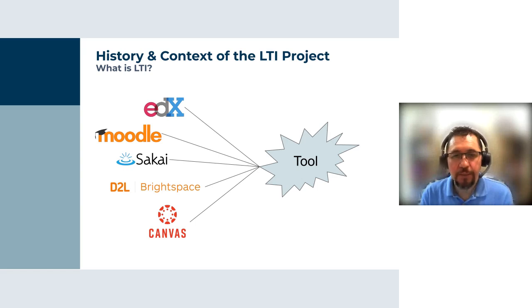In March 2011, LTI 1.1 was released, introducing some outcome services that allow tools to send grades back to the LMS. And then in June 2012, LTI 1.1 was updated with minor improvements.